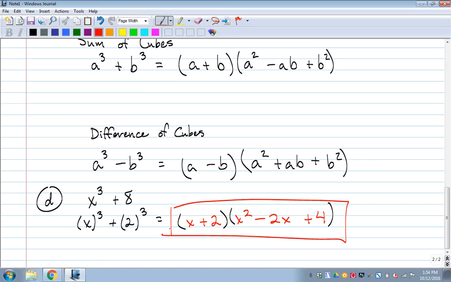In the long piece, it won't factor ever. The 4 is 2 squared, so it's taking the 2 that's left over and squaring it. And then the middle piece, 2 times x, and change the sign.